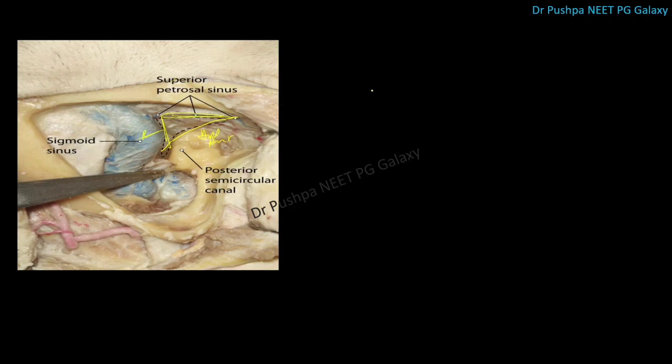It is a triangular area present in medial wall of mastoid antrum. Trotman's triangle is bounded superiorly by superior petrosal sinus or dura, posteriorly by sigmoid sinus, anteriorly by bony labyrinth or posterior semicircular canal.